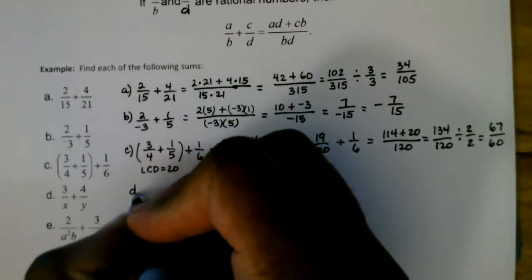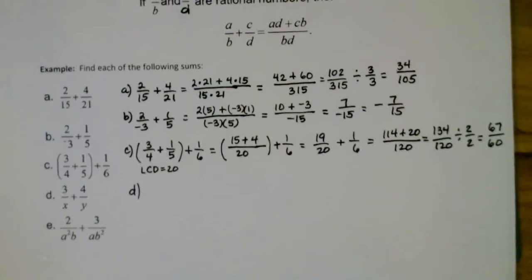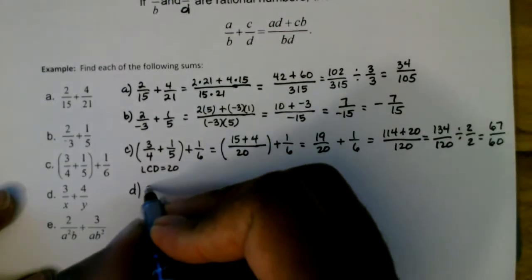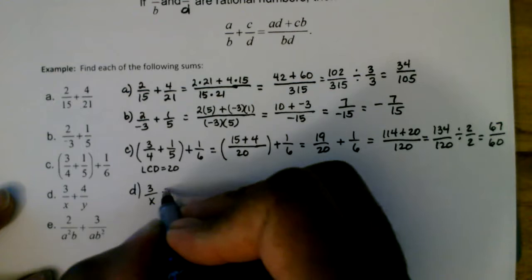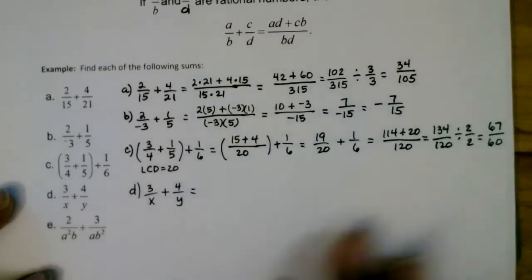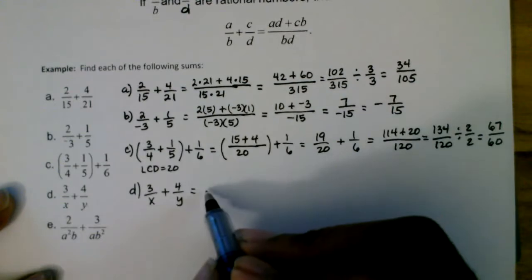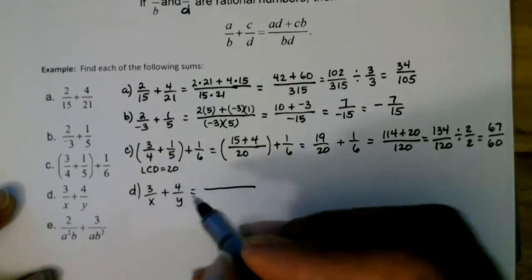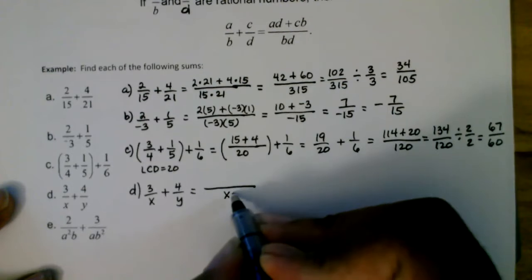And then part D. Part D is this, 3 over X plus 4 over Y. Now for this one, I can go ahead and multiply X times Y, which would just be XY.